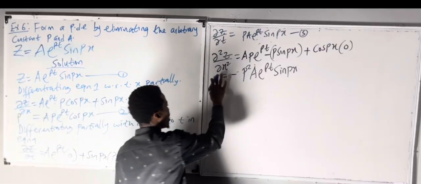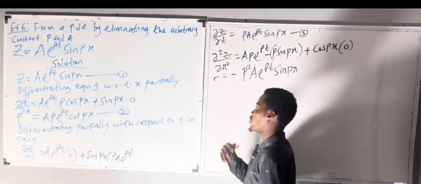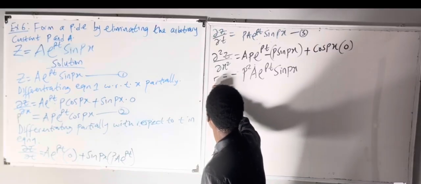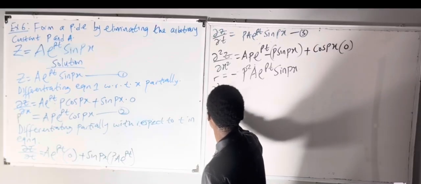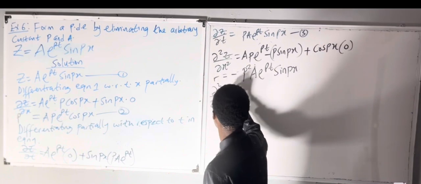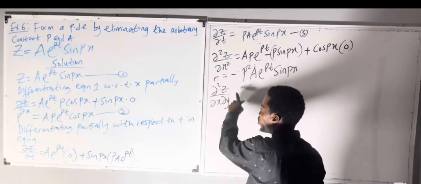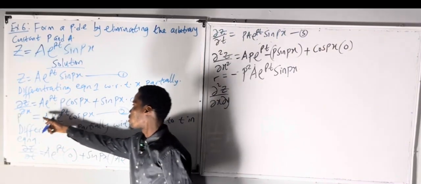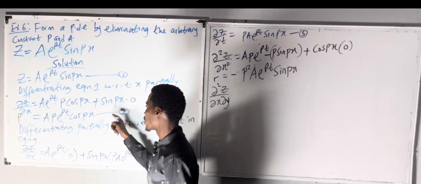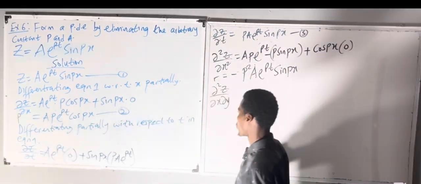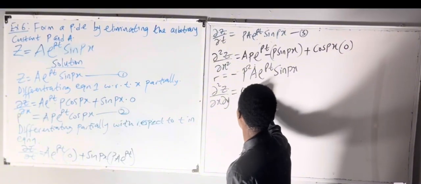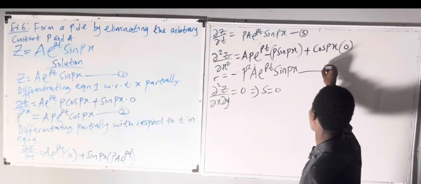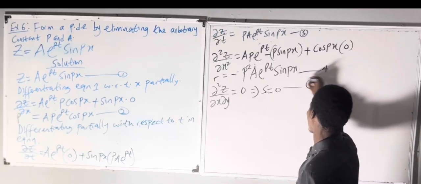So if I want to differentiate, my del square z all over del y del s, that is del square z over del y del s. If I differentiate this equation 3 with respect to y, y is nowhere to be found. So I'm going to have 0, which shows that it is equal to 0. So I can label this one as equation 4. I can label this one as equation 5.